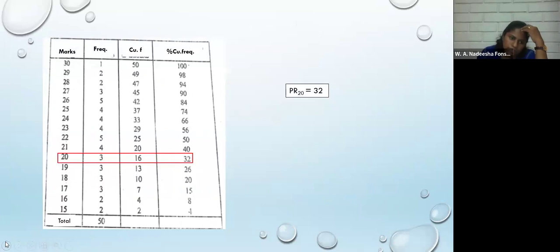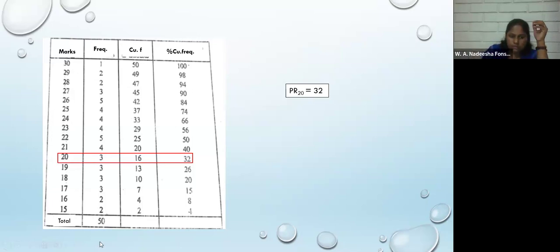So what are the disadvantages? Disadvantage is it doesn't give us internal information.